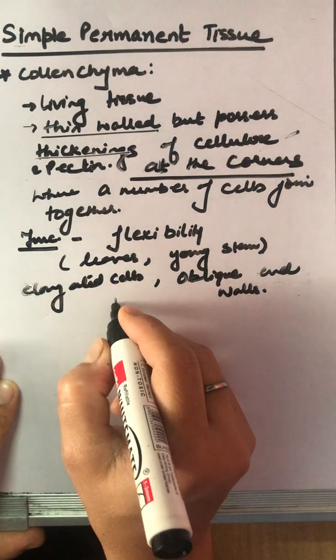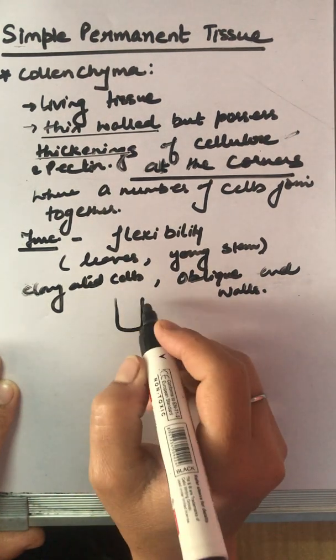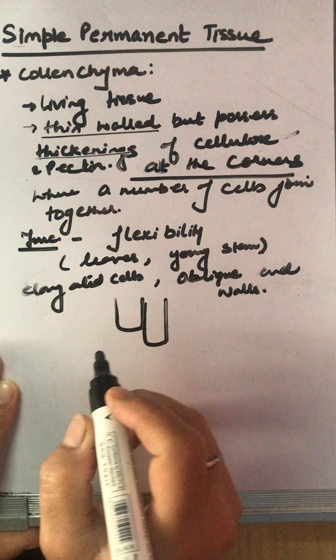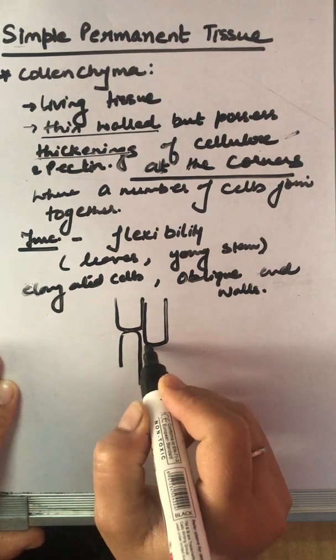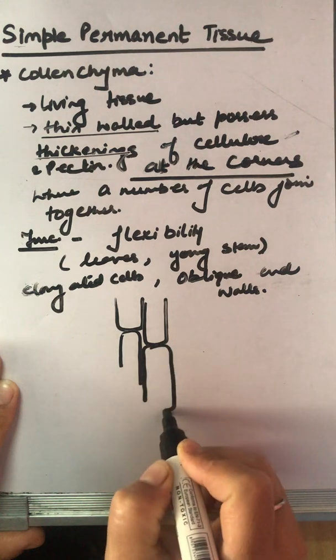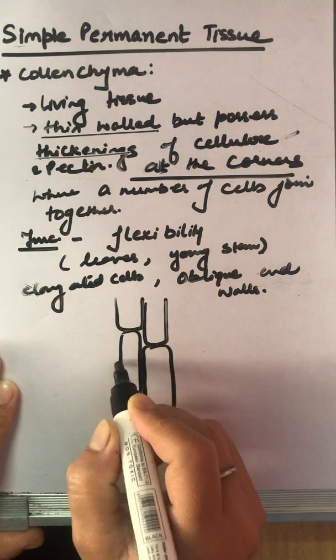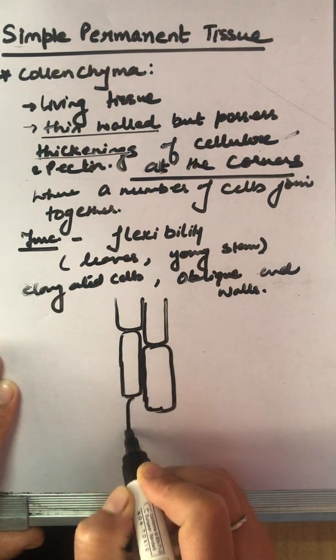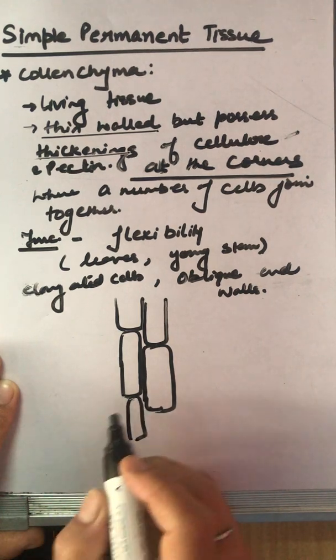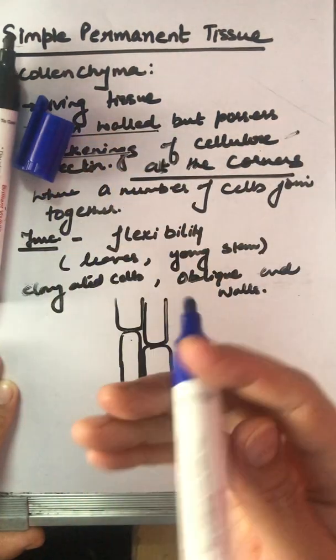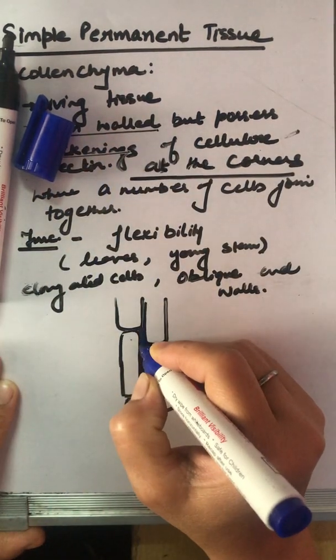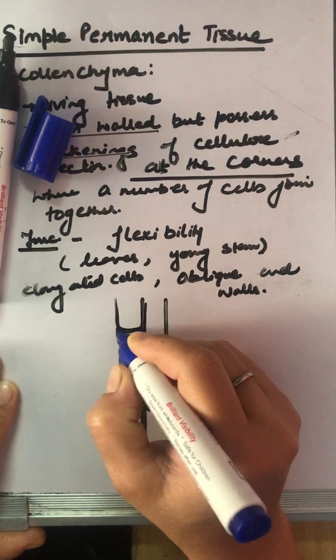If we have to draw the section, when they are joined together, how do they look and where are the thickenings present? So this kind of sectional diagram will appear. I'm showing 2 to 3 cells, and the thickenings would be at the corners. Here these corners I am filling with this thickening.